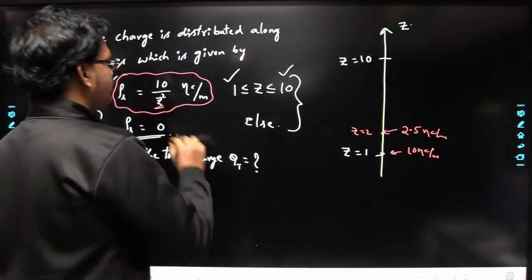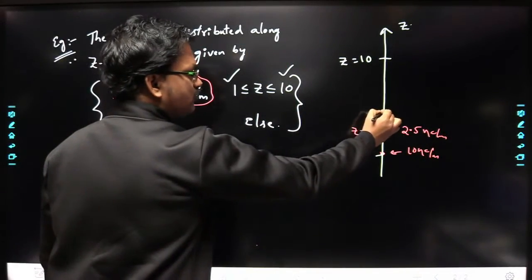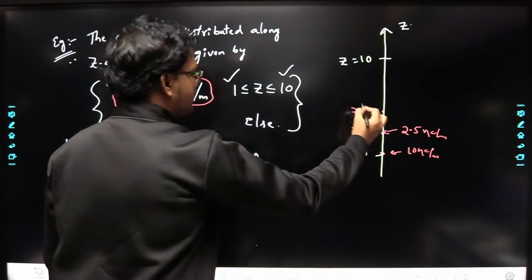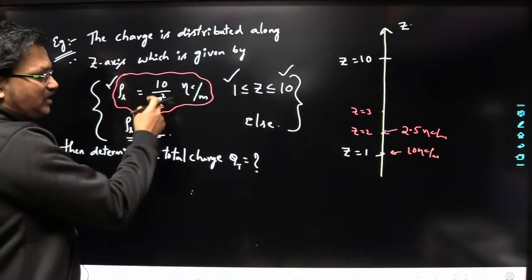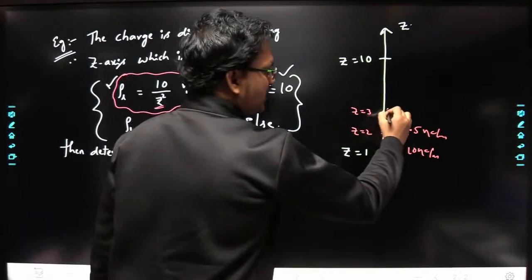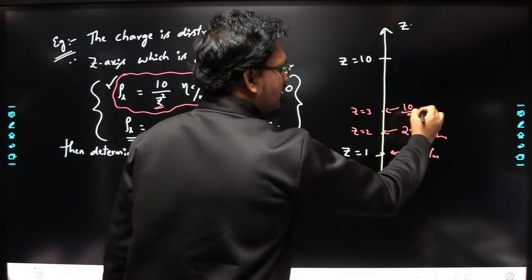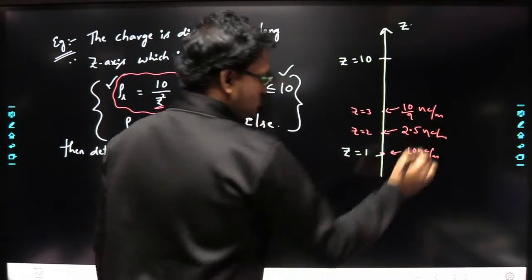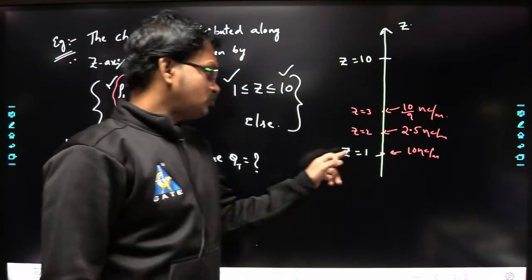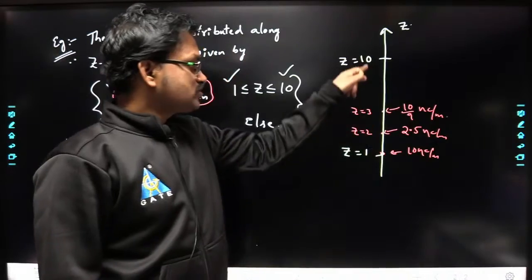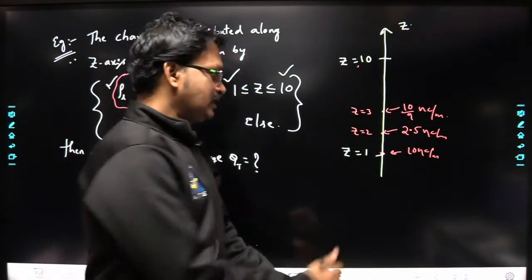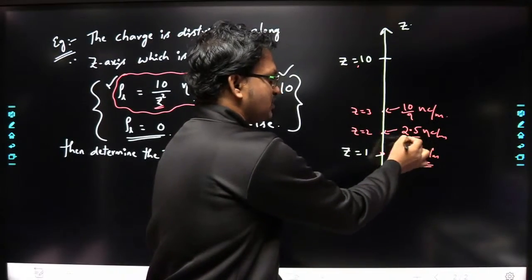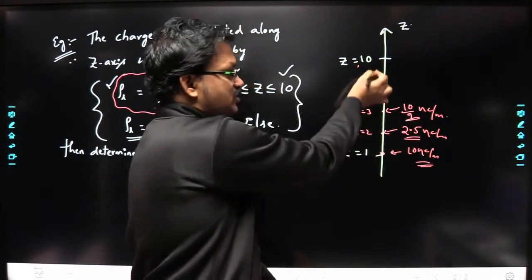Similarly, if you go to the z equal to 3 location, the charge density is 10 by 3 square, that is 10 by 9 nanocoulomb per meter. So as you move from z equal to 1 to z equal to 10, the charge density is changing.